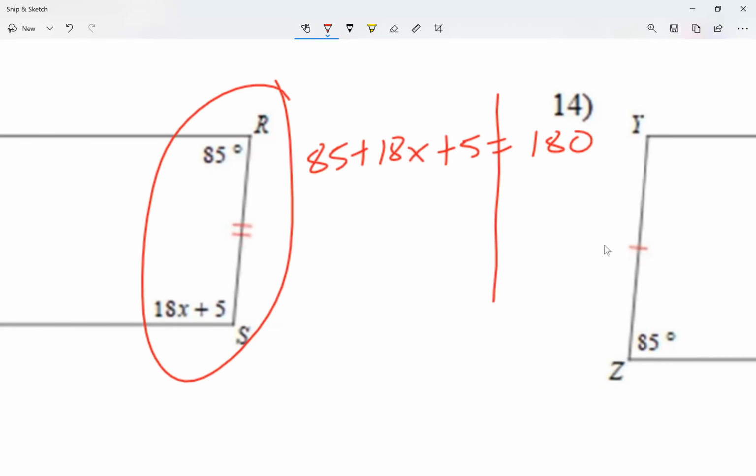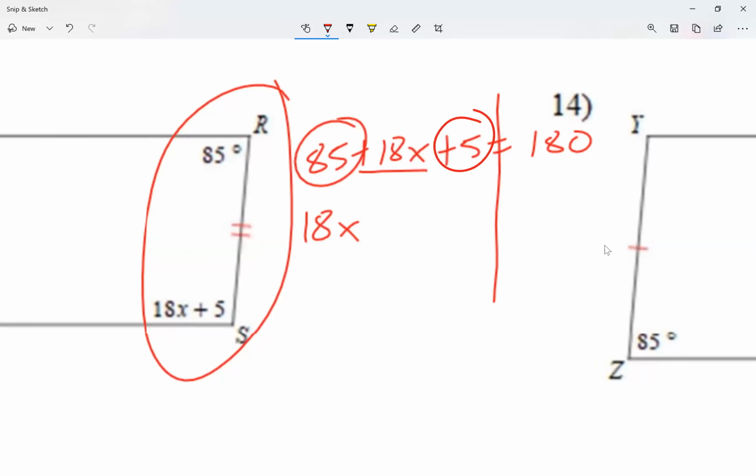Separate my sides to the equal sign. On the left side, let me combine my like terms. Letter-wise, I just have 18x. And then here I see 85 plus 5. Let me just call that 90. And all this is equal to 180.